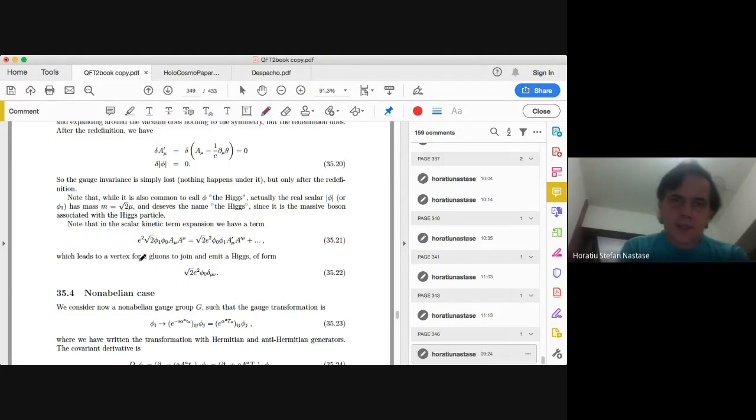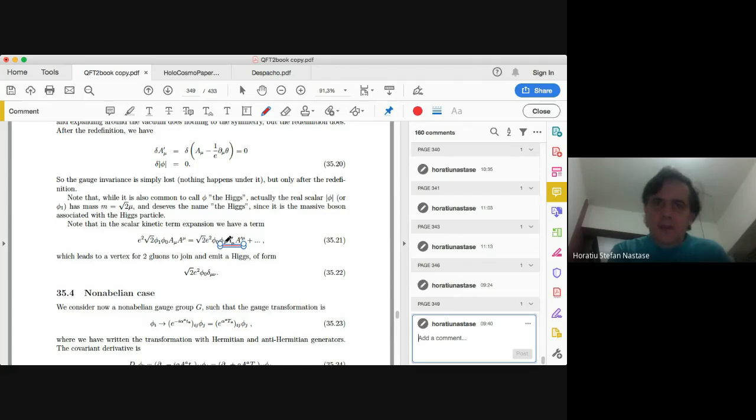In terms of fields, what are the fields here? These are three, right? These are constants. So there's phi 1, which is the Higgs boson, Higgs particle, and then A prime, which is the massive vector that we observe.